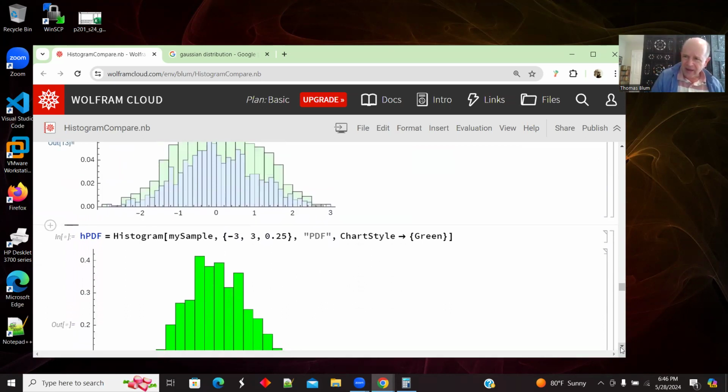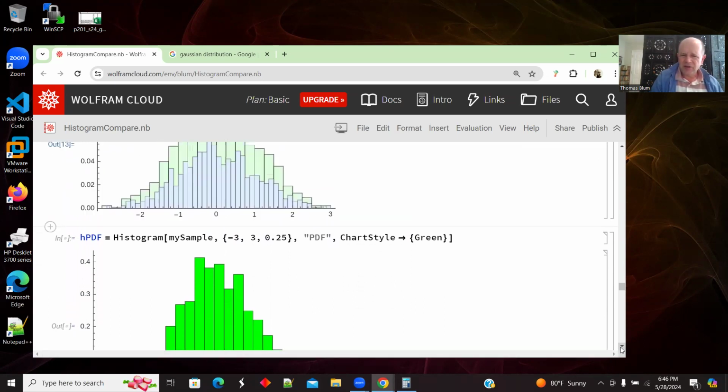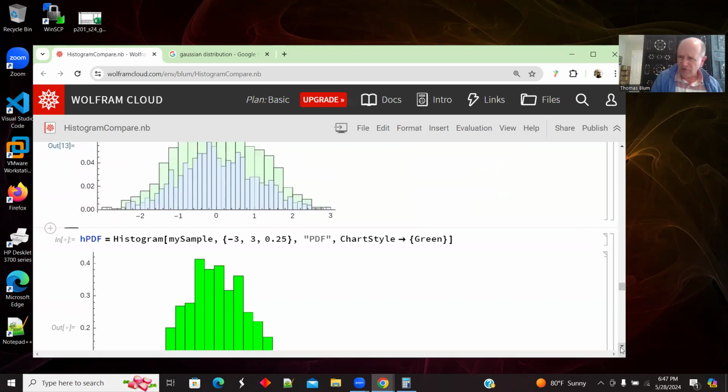And so now there is another way, called the PDF, the probability distribution function version of a histogram. It is scaled so that it is independent of the sample. Like the probability, it'll be independent of the number of samples, so the height's not going to change.